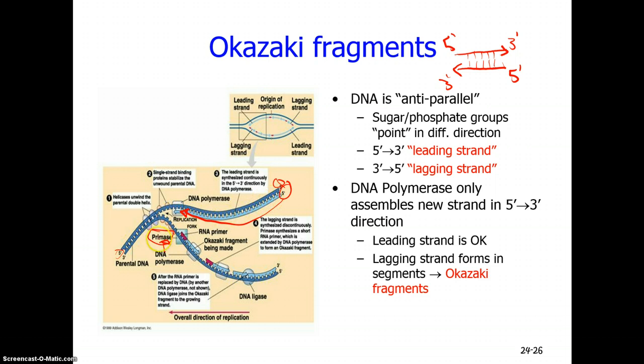Okazaki fragments are normal too, but the lagging strand is going to form in these fragments because the lagging strand wants to go from the 5' end to the 3' end, but it can't do that. It can't start over here. It's got to start where it's being broken here.